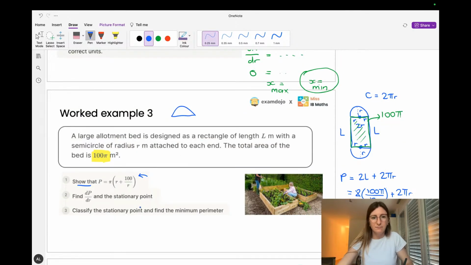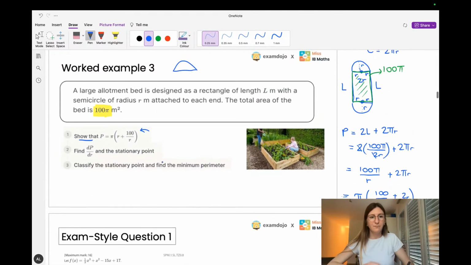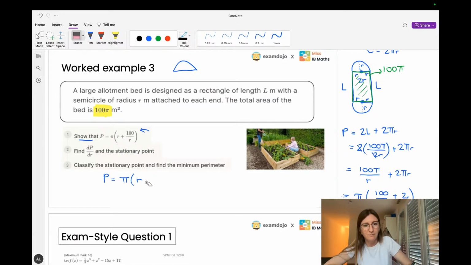They've said that P equals pi r plus 100 over r. So I'm just going to go with this for now, even if it's not right, maybe there's a mistake or something, but I'm not sure.